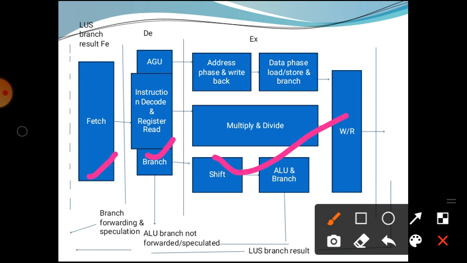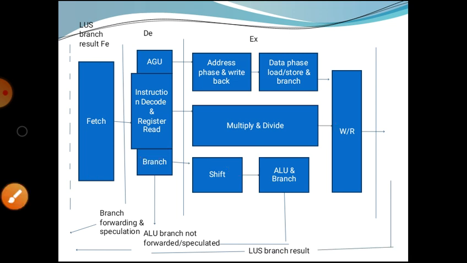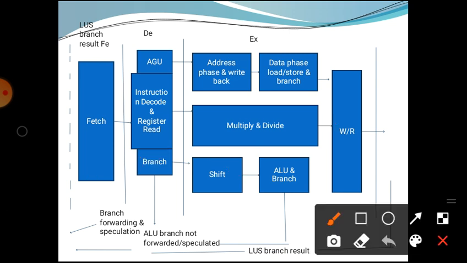In the decode stage, the instruction decode generates the LSU address using forwarded register ports and immediate offset or LR register branch forwarding. Here the AGU, that is address generation unit, as well as instruction decode and register read section, and it also has a branch register, which performs the decode operation.